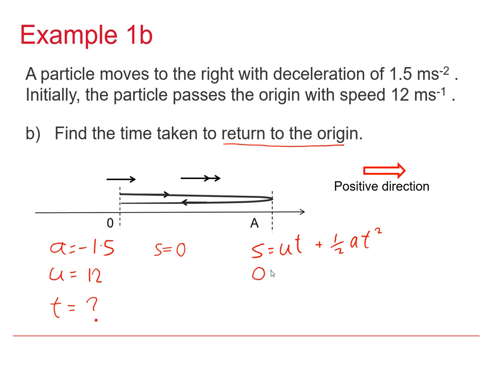And then let's write in the variables that we know. So that's 0 is equal to 12t plus a half a, so that will be minus 0.75, times t squared.